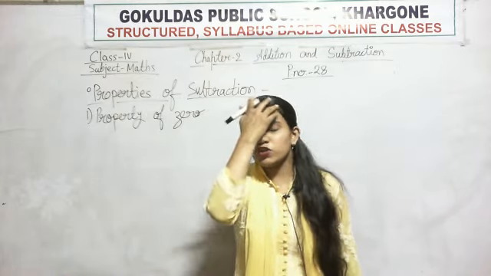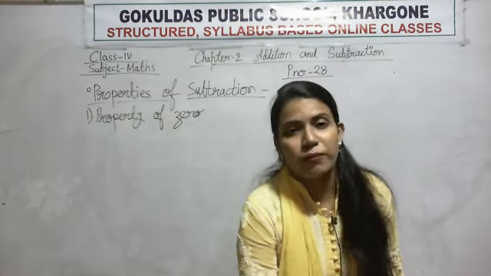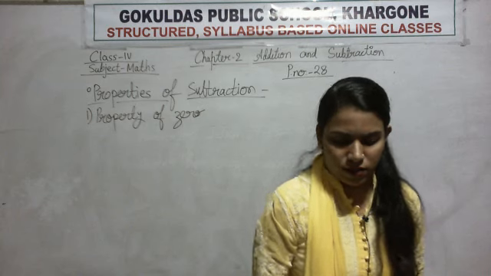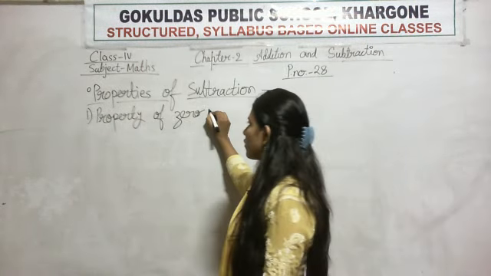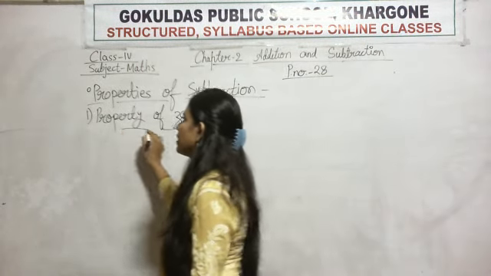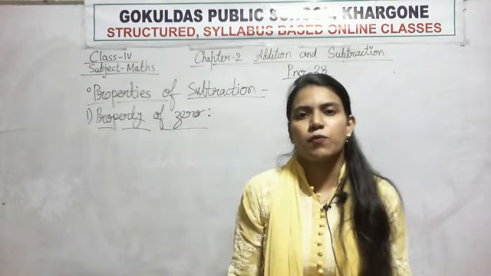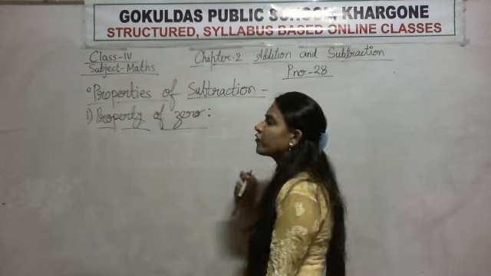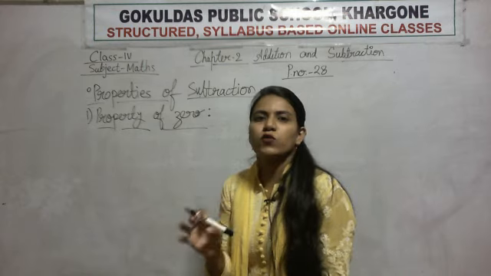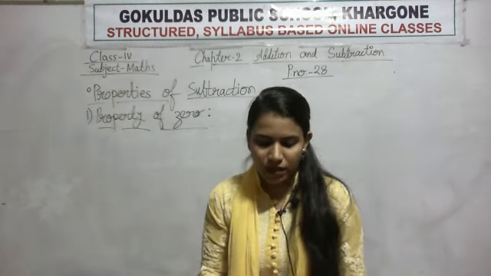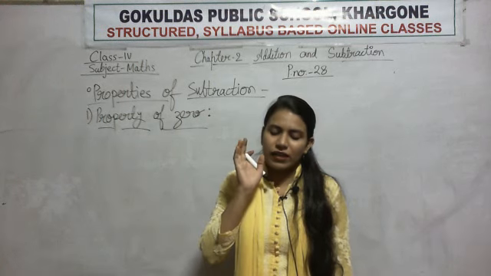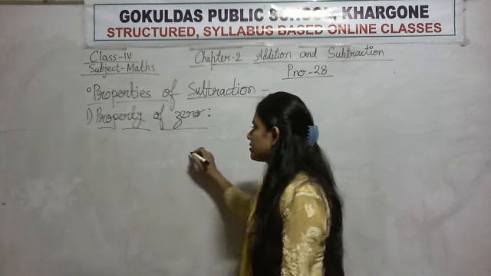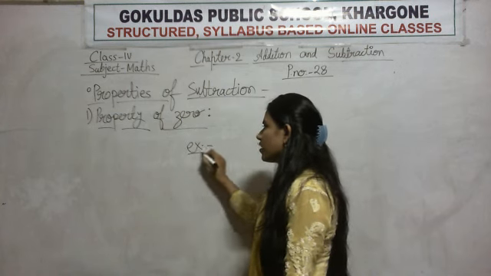In addition also we have discussed the 0 property of addition, right? Here also the property of 0, or zero property of subtraction, we are going to discuss. What does this property state or say? It says that if you subtract 0 from any number, the difference is the number itself.